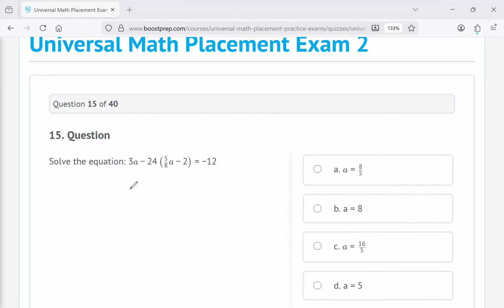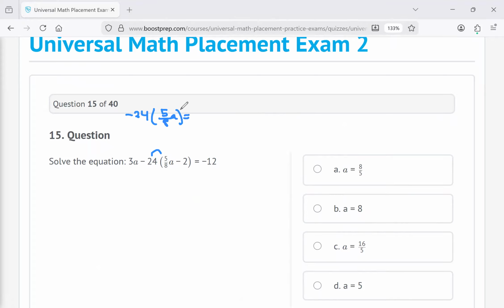Okay, question 15. Solve the equation. What I would do is not get rid of the fraction. What I would do is just distribute this -24. Maybe it'll get rid of the fraction automatically. So what is -24 times 5/8 A?